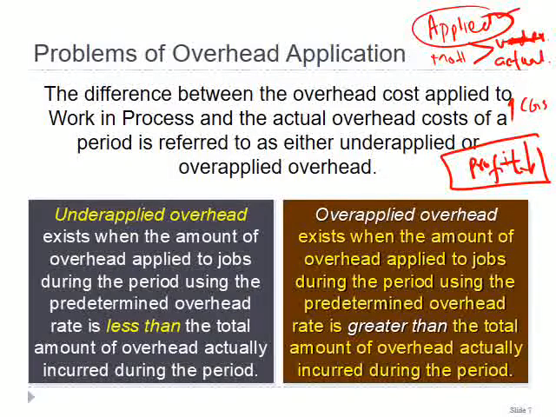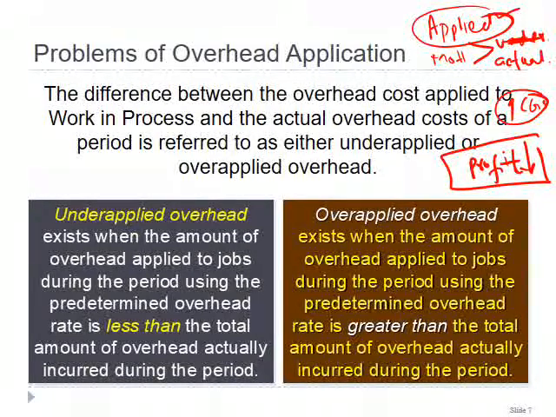Because we charge more cost to the goods, and hence we end up having less profit. And vice versa, if we applied less and our actual is higher, it will give us higher profit, and that profit figure will be erroneous.